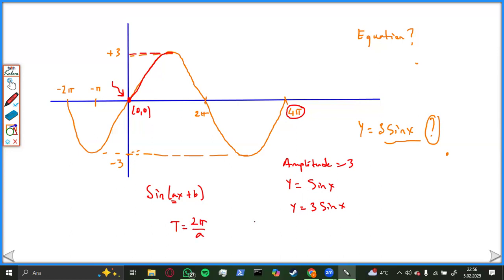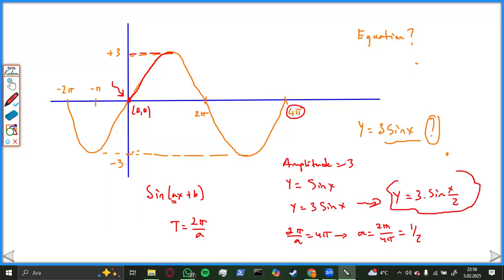So right now, to find the value a, 2 pi over a is 4 pi. In other words, a is 2 pi over 4 pi, in other words, 1 over 2. So you can easily realize that actually our function is 3 times sine x over 2. So this is our real equation.